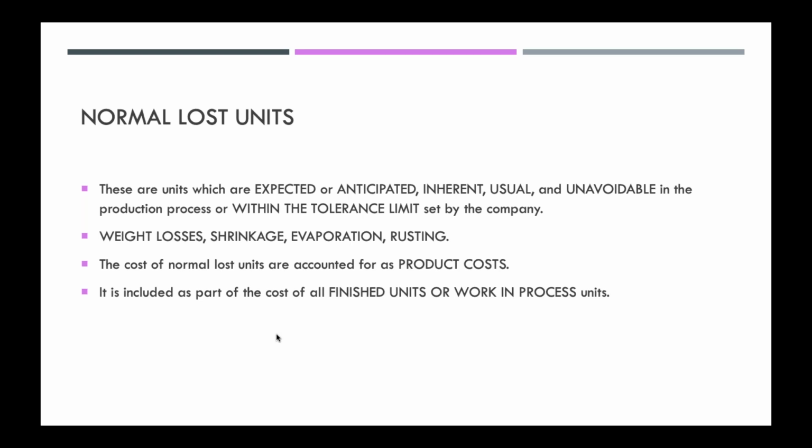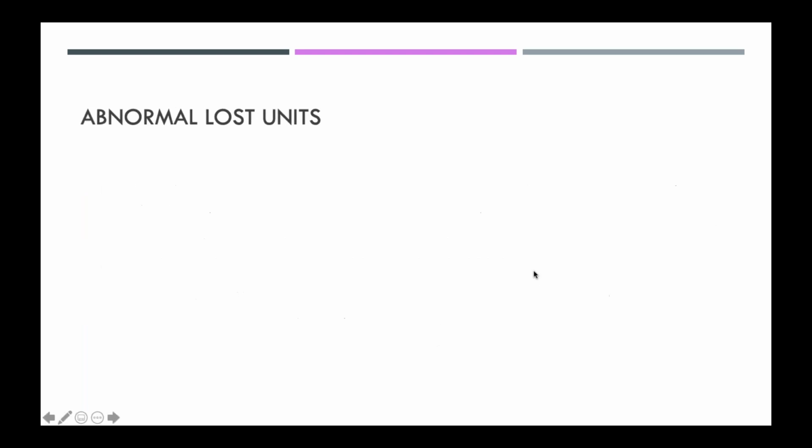Depende sa sitwasyon kung kailan siya na-identify yung loss units na yun. Okay, just remember yung ating napag-usapan na even application saka uneven application ng production cost. So, ang effect ng normal loss unit, it will increase the cost of production of the usable goods.